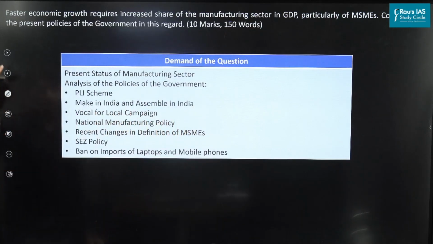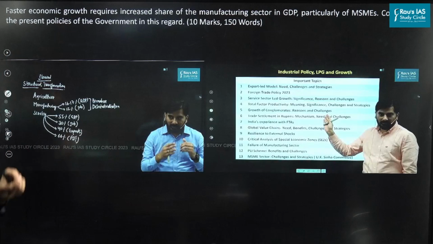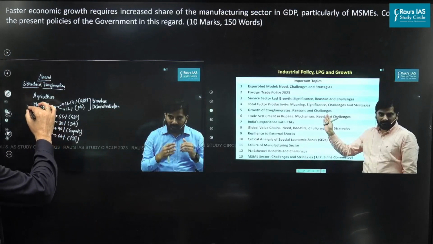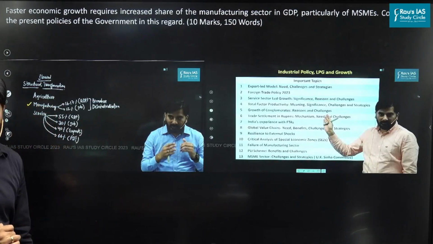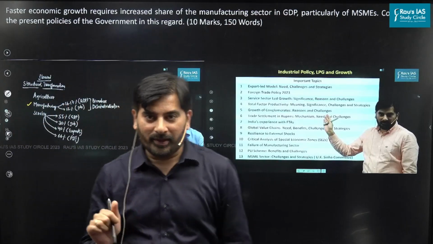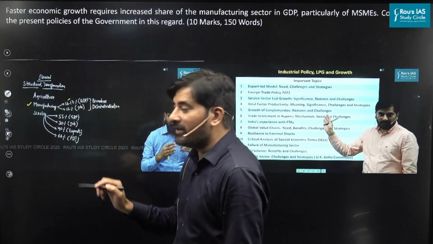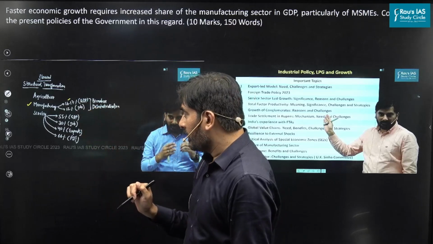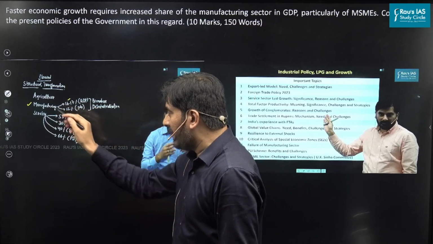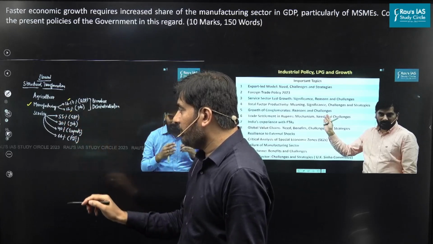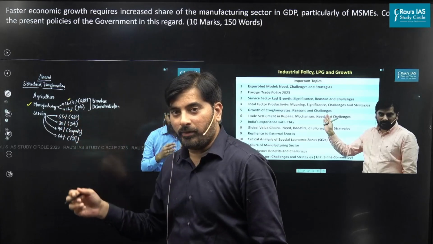But the problem in this particular case is, if you look at the share of manufacturing sector in India's GDP, it has been stagnant at almost around 16 to 17%. Similarly, the share of manufacturing sector in job creation is also stagnant at 12%.